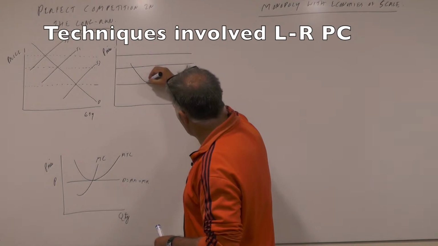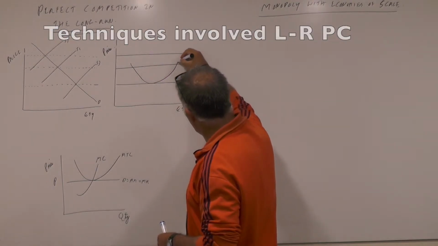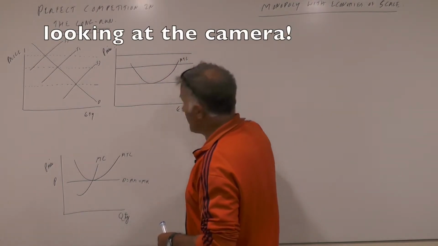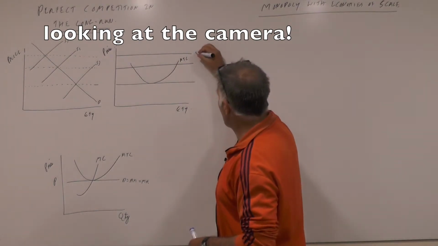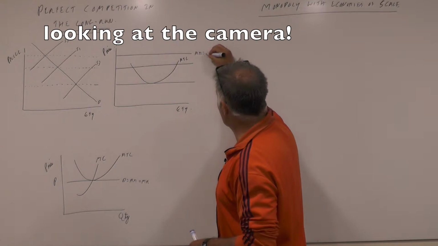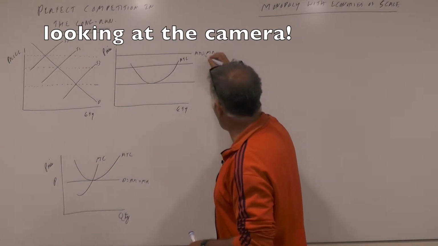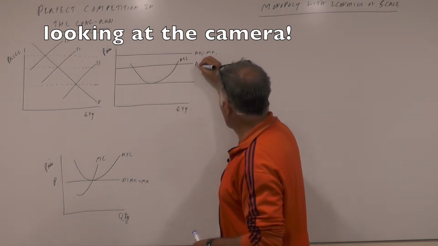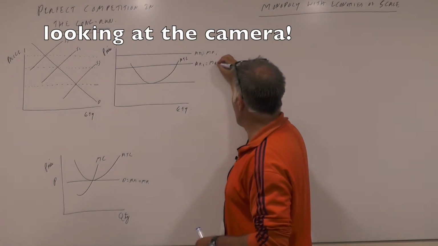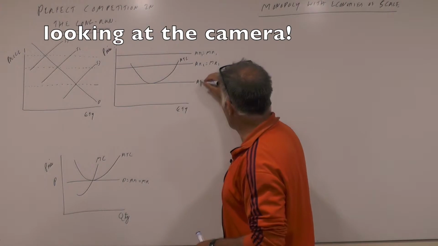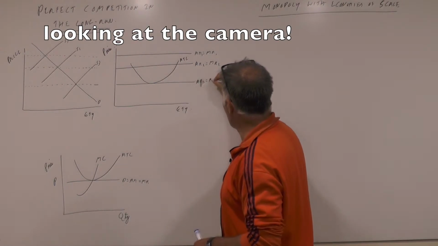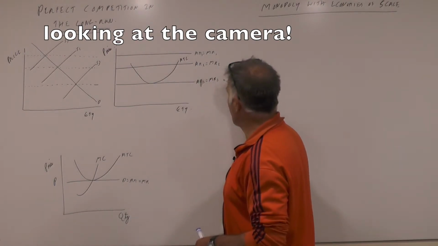So we draw the average total cost line there, all the way up through there, and call that ATC. So with these lines here, they are AR is equal to MR. You can call them AR1, MR1, AR2, MR2, AR3, MR3.